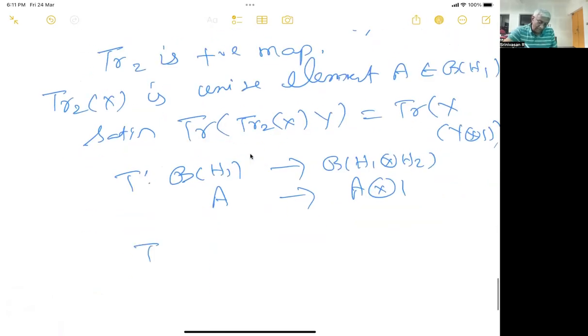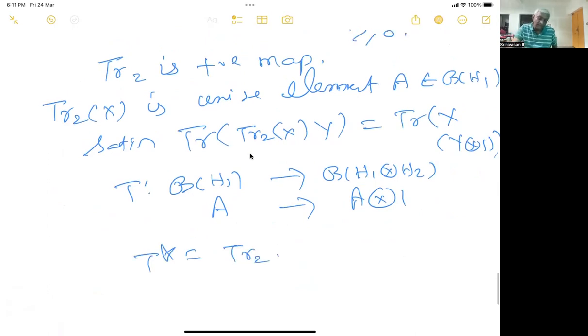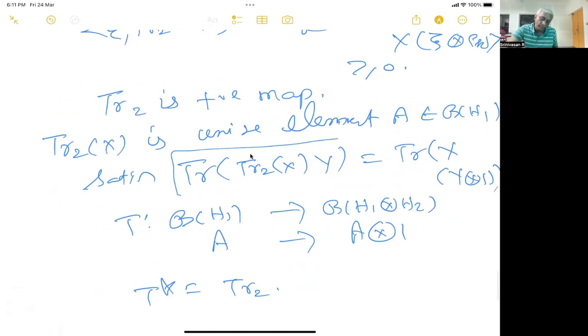Then T star is equal to trace 2. That's what this says, right?